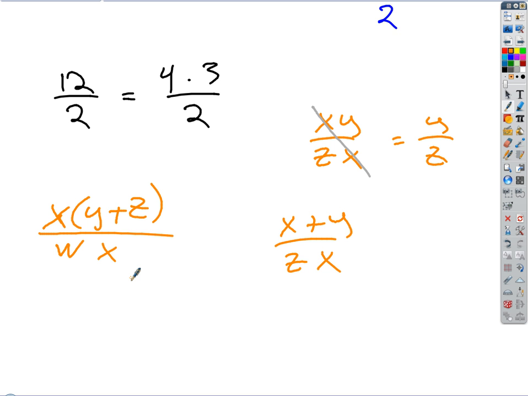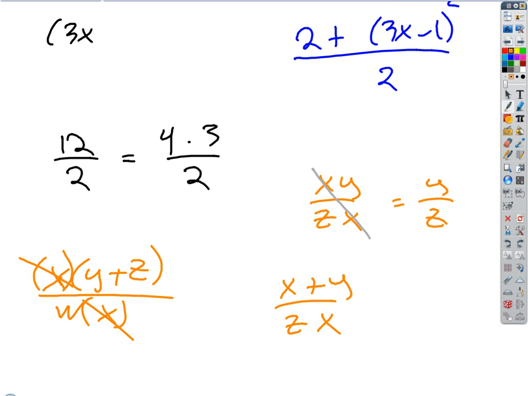Yeah, this time the x's do cancel because the x on the top is a factor and the x on the bottom is a factor. Okay? See how that works? All right, so back to our problem.